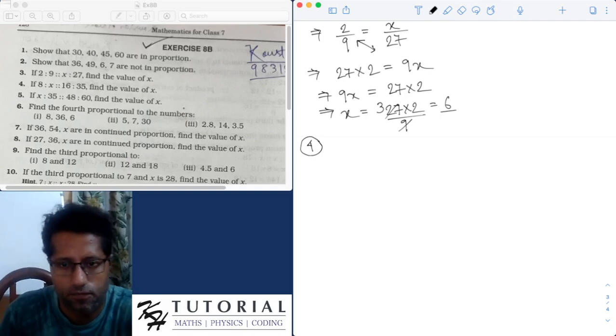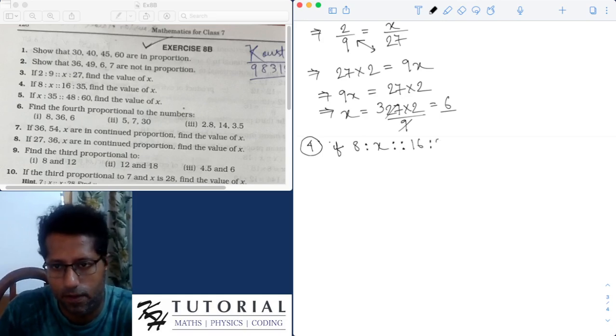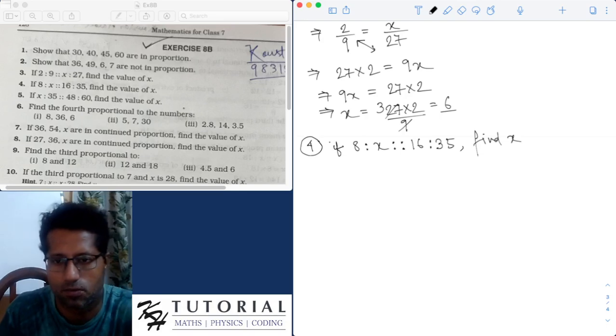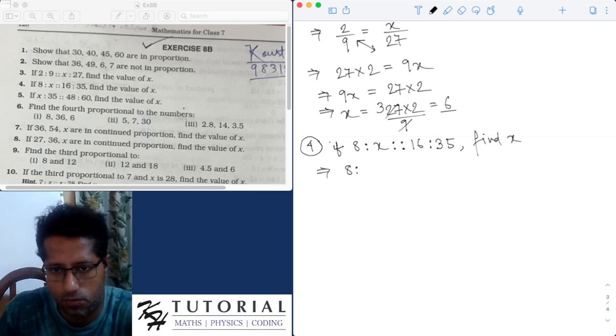Okay, let's do problem number 4. It says if 8 is to x is in proportion with 16 is to 35, then find x. Okay, so this implies 8 is to x equals 16 is to 35.